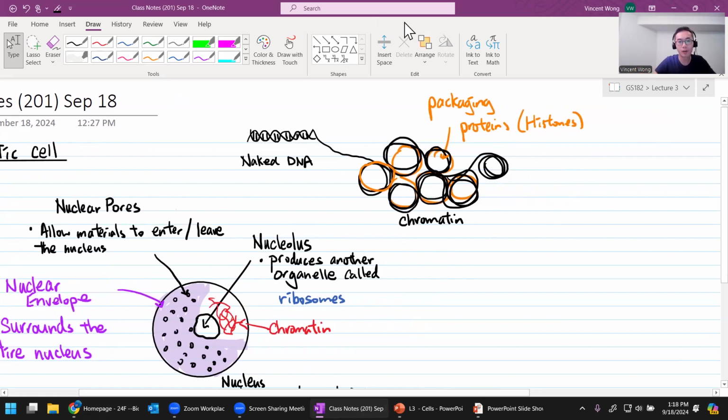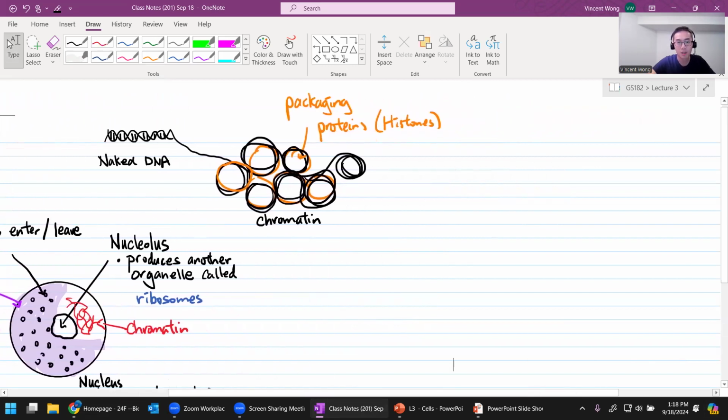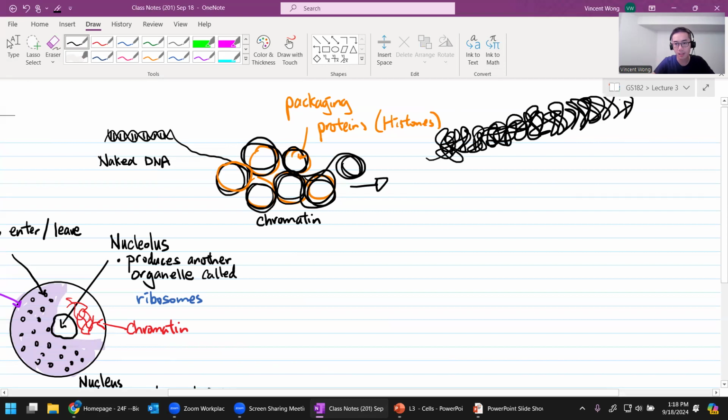Of course, you have also heard of chromosome. So how is a chromosome different from chromatin? Well, chromosomes and chromatids are essentially the same thing. But if you take this chromatin and coil it up even further, if you give it more packaging proteins, it forms a really condensed network of genetic material, a really long coiled fuzzy structure.